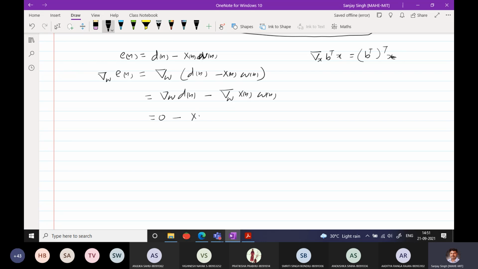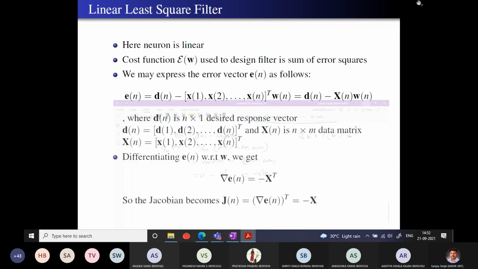So this x n will be transpose. That's why we mentioned this x t, and from there it has come. Hope it is clear. In the book, he has not mentioned anything about that. He assumed that this is known to you. So from there it came.